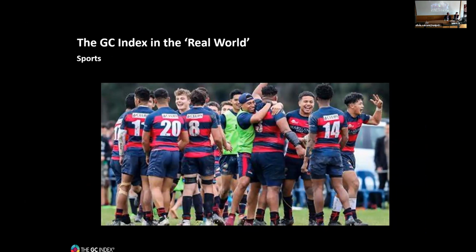Interestingly, one for me, and perhaps Michaela, who was a sports coach, is sports organizations as well. So be it rugby, football, netball, there's a number of sports organizations using the index as well.